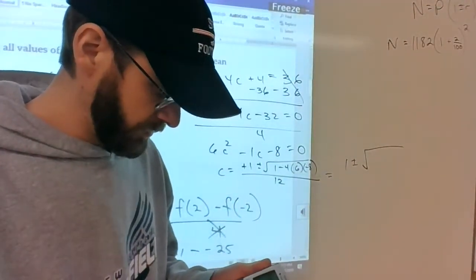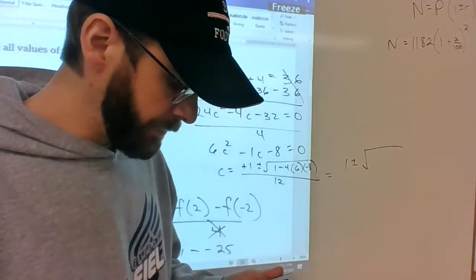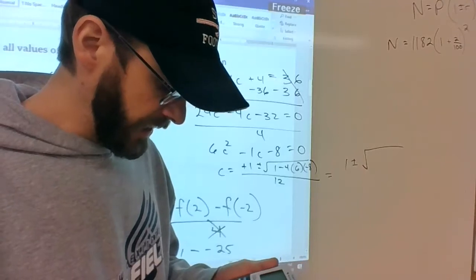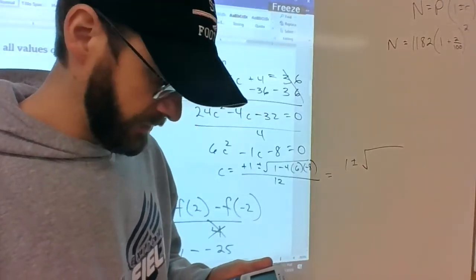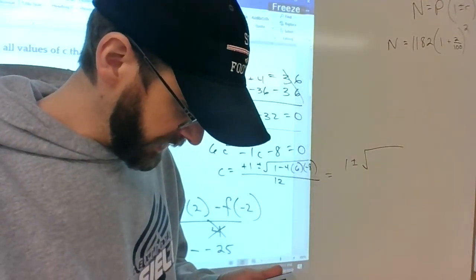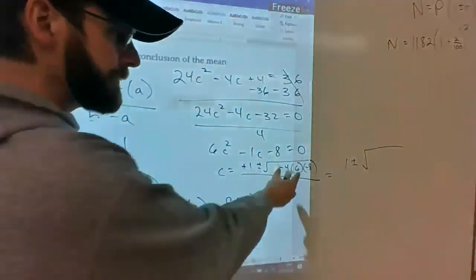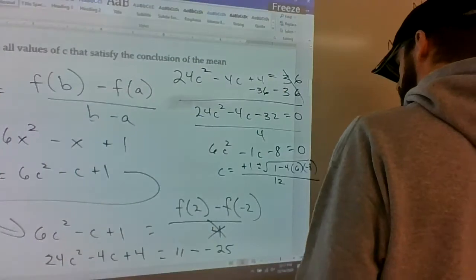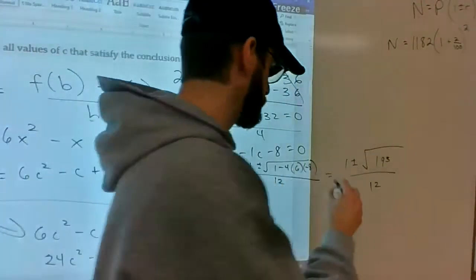Let's be sure. All right, so 1 minus 4 times 6 times negative 8. Is it going to be 193? Okay, that's not negative. Sorry, I'm struggling with basic things right now. So 193 is the total underneath the root. Okay, compute it.